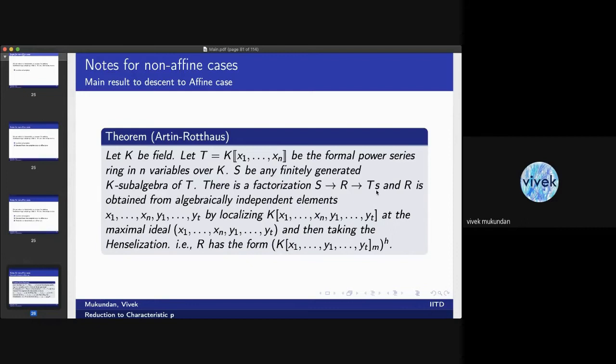The main tool is that whatever property you have for T, you can make your S large enough so that they make sense. So the property in T makes sense in R, in the sense that it may not be true in S, but you can make sure that the equations actually make sense over it. So even though the property doesn't descend down to S, this theorem basically says that it actually descends down to R.